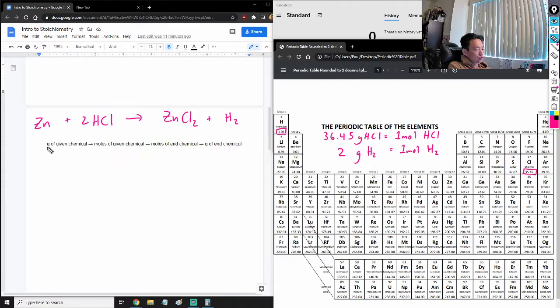What we're going to do is write the grams of the given chemical, which in this case is going to be HCl. We're going to turn it into the moles of the given chemical, which is still HCl. So we're going to turn grams into moles, and then turn the moles into what you're looking for, which is going to be H2, and then you're going to turn it into grams.